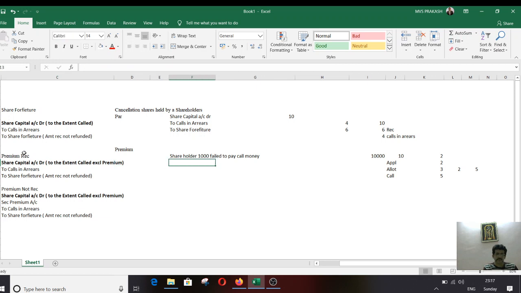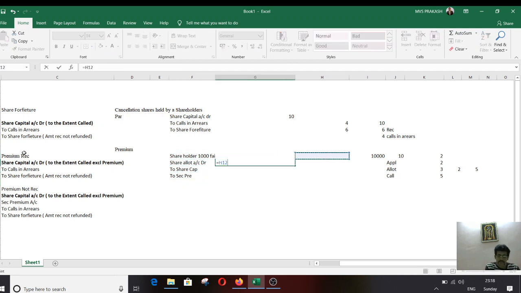Let us pass the due entry. At the time of allotment, what entry will pass? Share allotment account will be debited to share capital and securities premium. For 10,000 shares, how much money are you receiving in terms of allotment? 5 rupees.